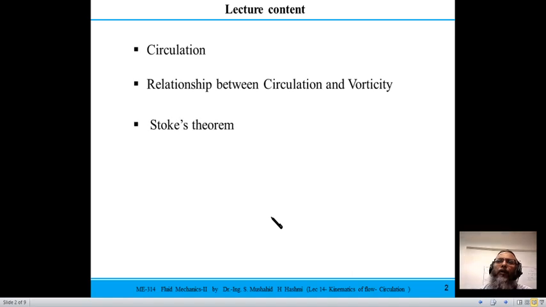Then we will go through the Stokes theorem, which actually relates the vorticity vector with the circulation. And then we will solve a problem on circulation by taking a closed rectangular contour.